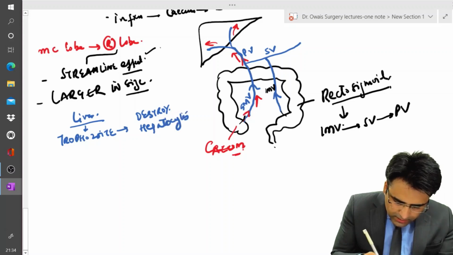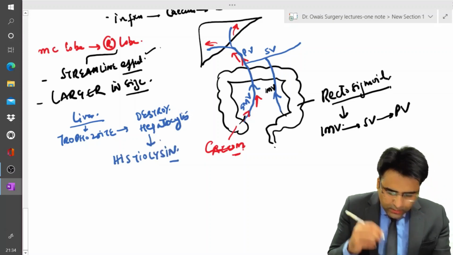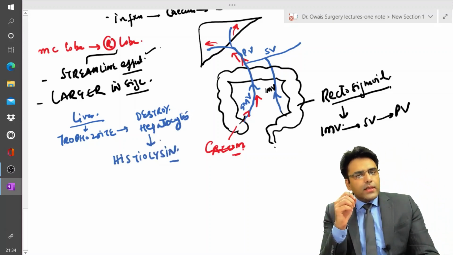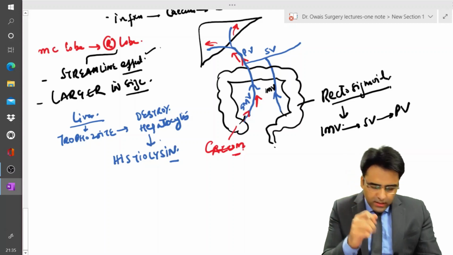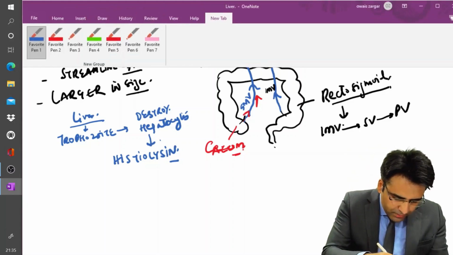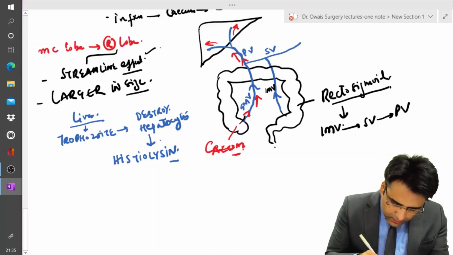By releasing an enzyme called histolysin. This histolysin is a cytotoxic agent and it destroys the liver hepatocytes.